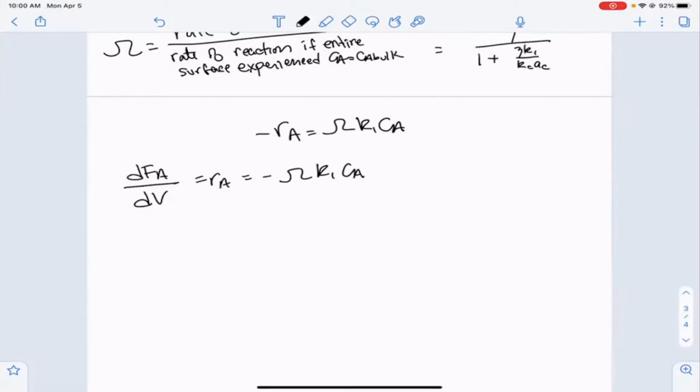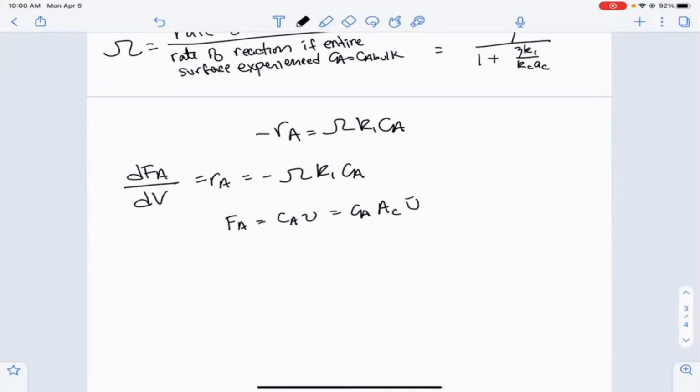But for our conversation today, let's just stick to this because of our experience with plug flow reactors and our early experience with packed bed reactors. This solution should be comfortable to everybody, and then we'll extend this later on. A few lectures ago, I believe lecture 22, we said that you could take FA and deviate slightly from our typical definition, which was just CA times the volumetric flow rate, and do CA times the cross-sectional area times the velocity.